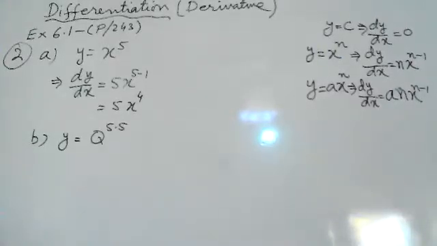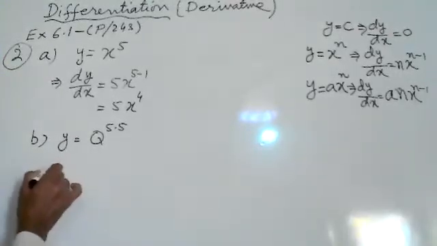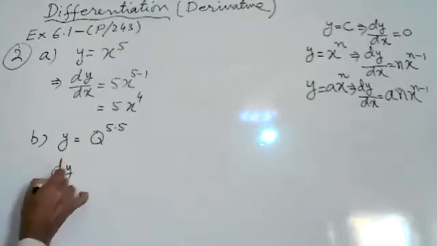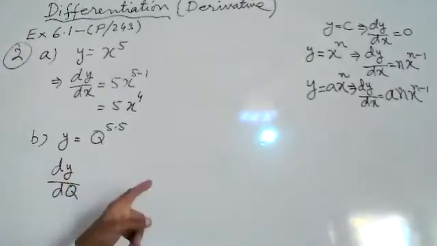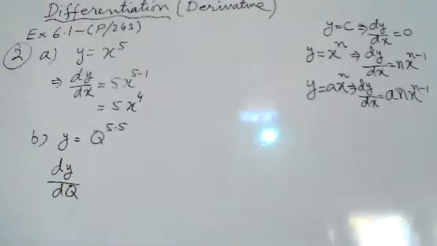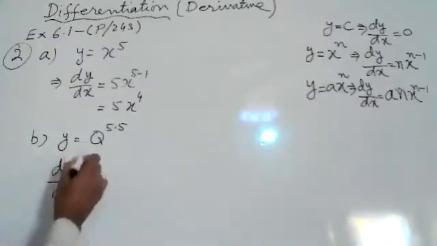Dy upon dx means the derivative of y with respect to x, but here y depends upon q, not x. So it will become dy upon dq. If it is capital Q, you will write capital Q. If it is small q, you will write small q. That depends upon the variable.